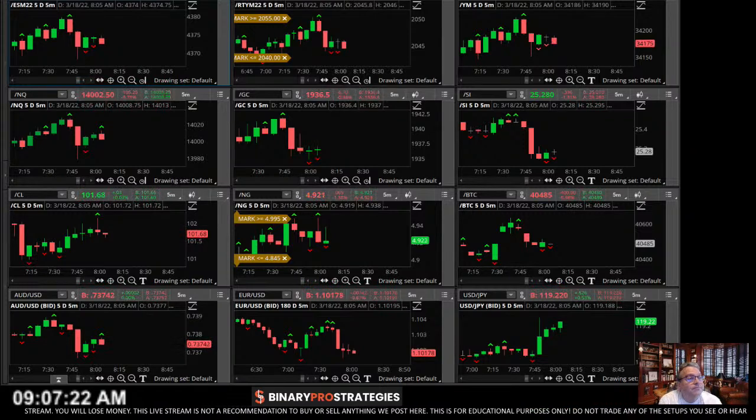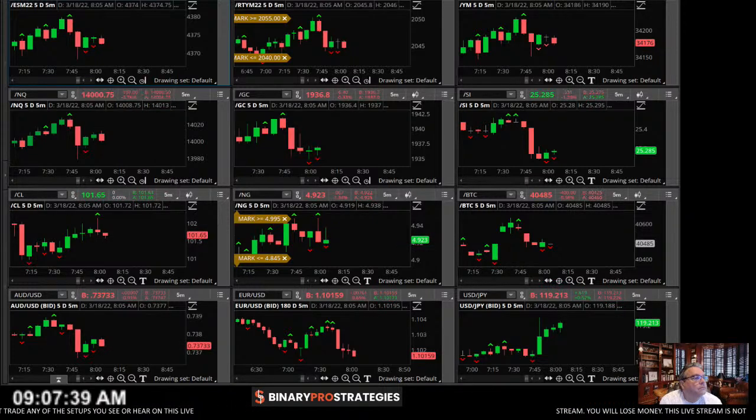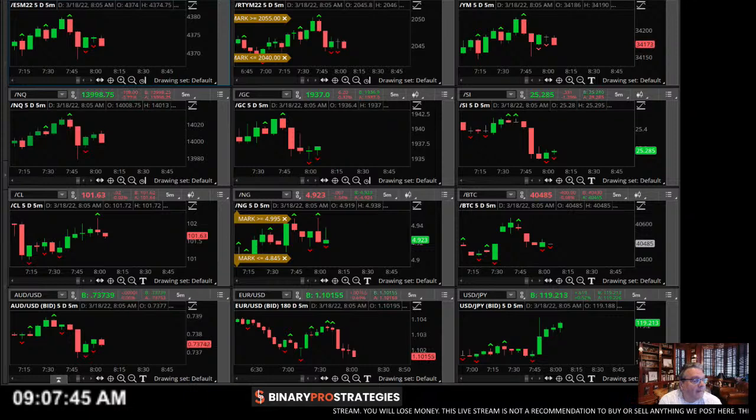Still short. Right now, it looks like we may possibly get a lower opening on the Dow this morning. Going green on the RTY.